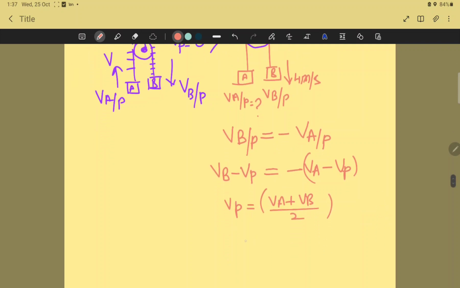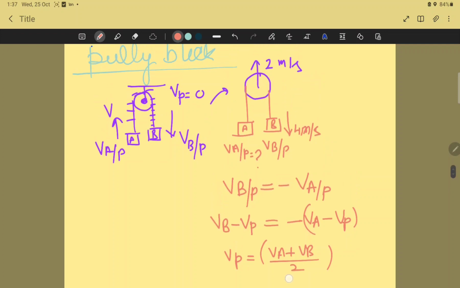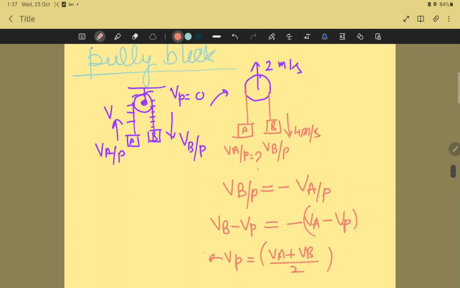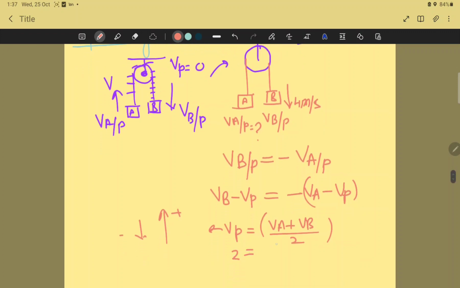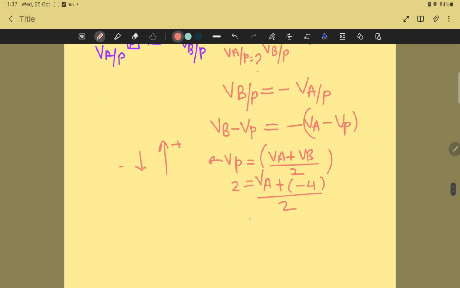Now put each and every value with proper sign. Let's take upward direction as positive and downward direction as negative. So Vp is given as 2, that should be equal to Va, which we are supposed to calculate, plus Vb, which is given as minus 4, divided by 2.